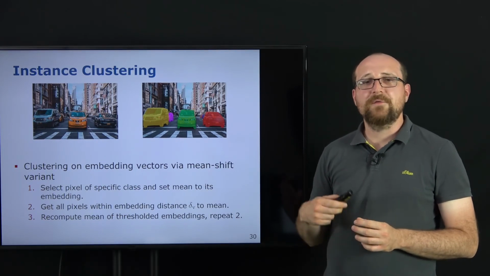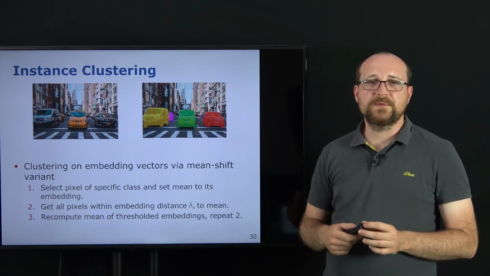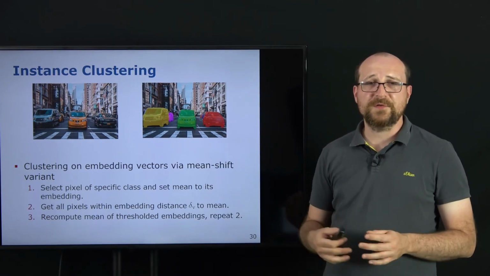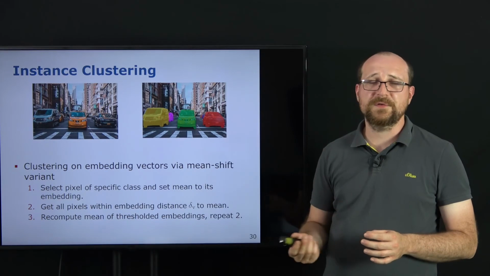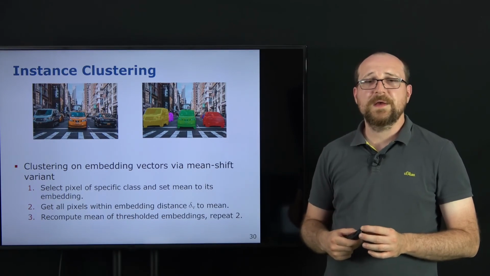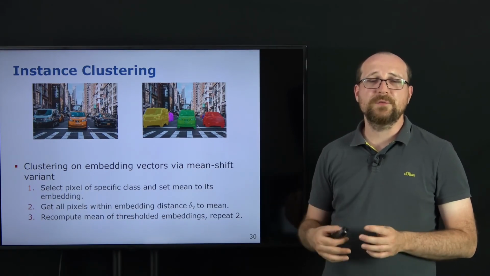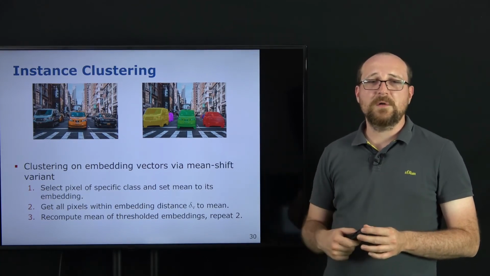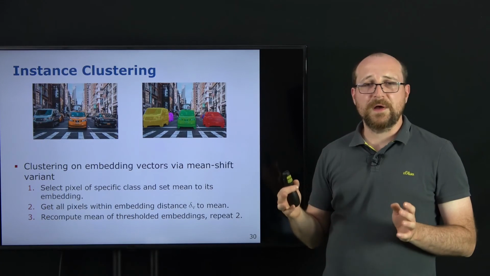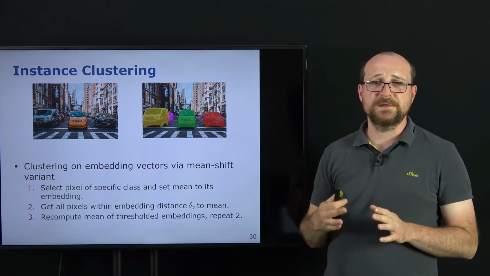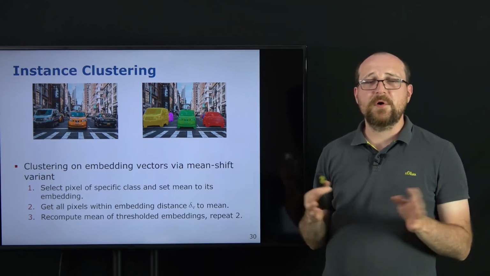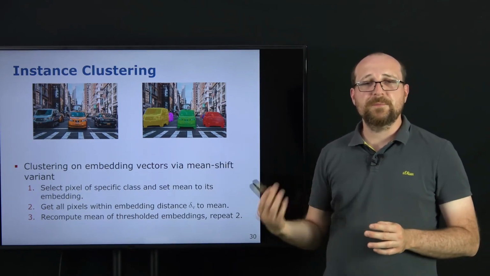And then for doing the clustering, we can use the following procedure. We select one pixel that is not assigned to a specific class or a specific instance in this case, and then we set the mean to this specific embedding vector. Then we get all pixels that are closer than this delta v distance, and from all these pixels we compute a new mean.